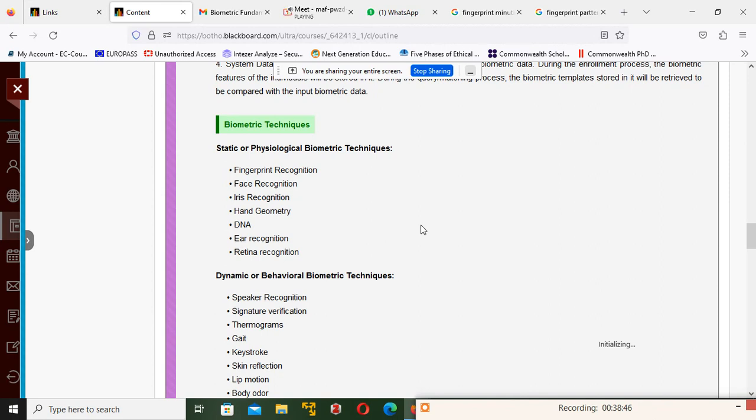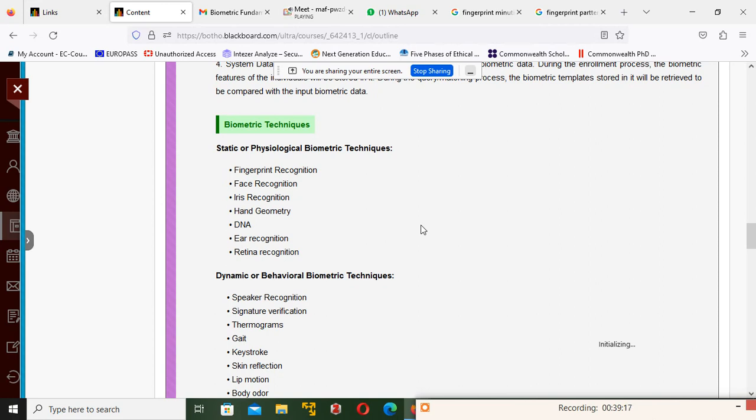We are talking about a physical structure that you can feel and touch. The dynamic ones, which are the behavioral biometrics, are processes, or let me say mechanisms that take place. It is in motion. But the static ones are fixed. A typical example is fingerprint. Fingerprint is fixed. It never changes. It remains the same, and that is it.